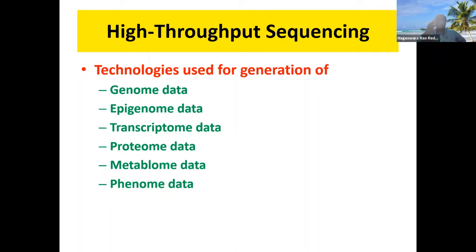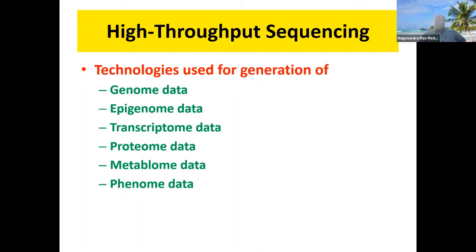High throughput sequencing gathers large genome, epigenome, transcriptome, proteome, metabolome, and phenome data. Now all this data is available to us online, and we can see the data right from genome to phenome online.